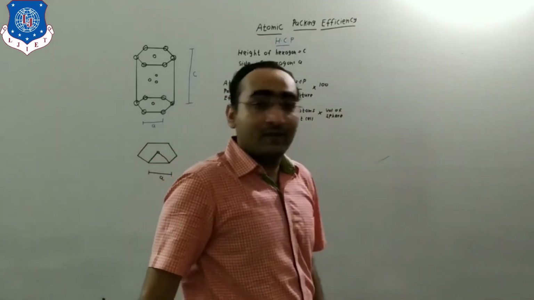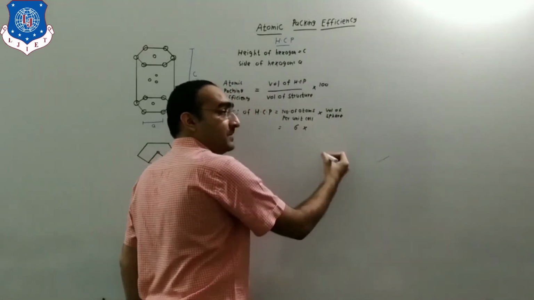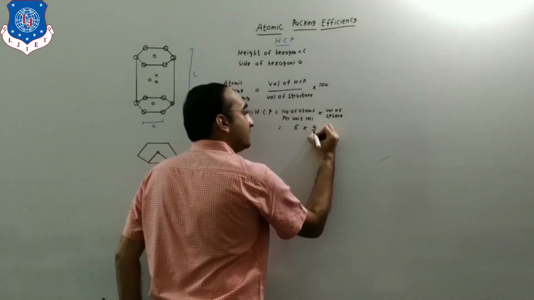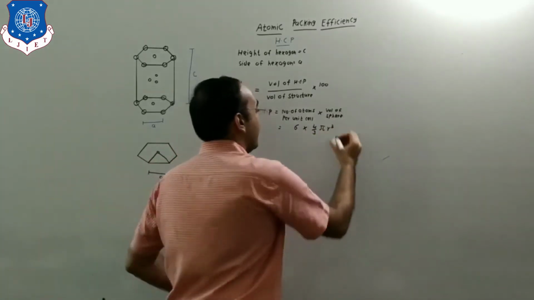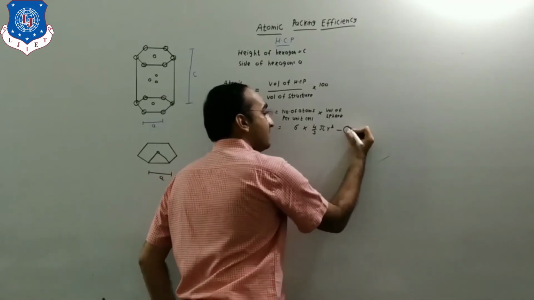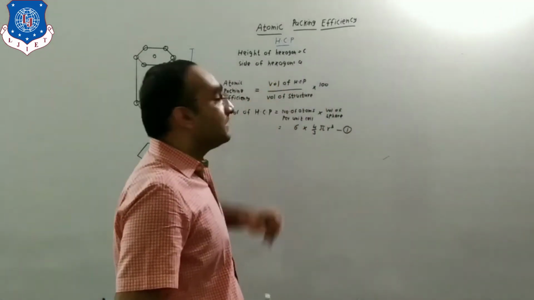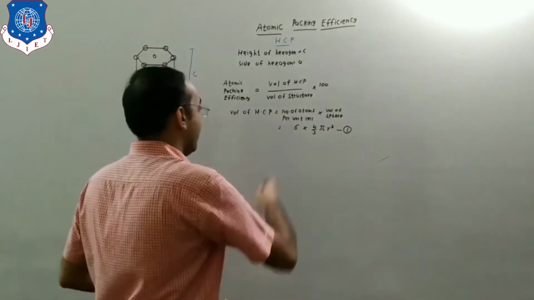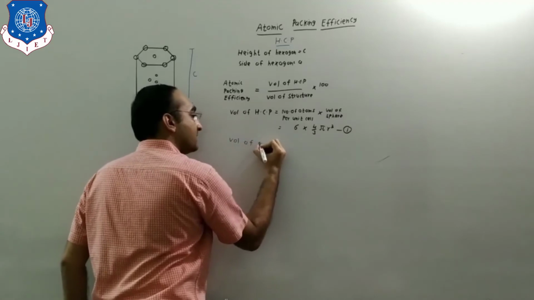In previous lectures we have gone, number of atoms per unit cell is 6 in HCP multiplied by volume of sphere, that is 4 by 3 pi r cube. Let us keep it as it is as an equation 1. What we got? That is volume of HCP we have found it out. Now what comes? Volume of the structure.